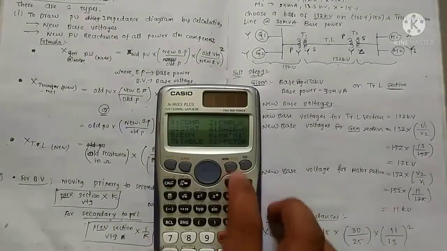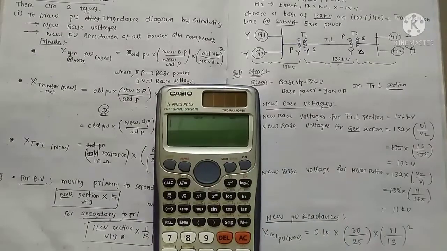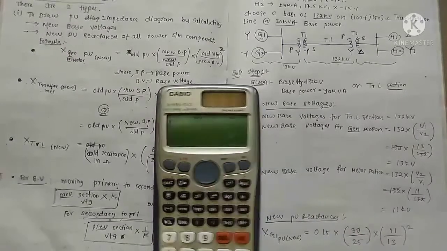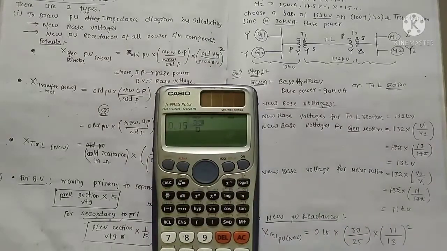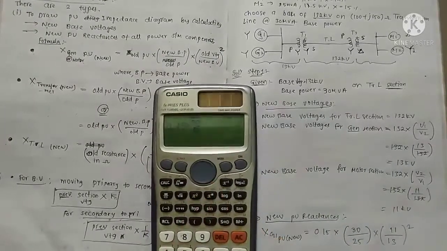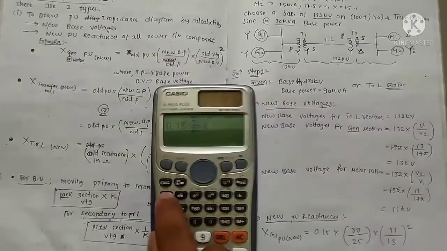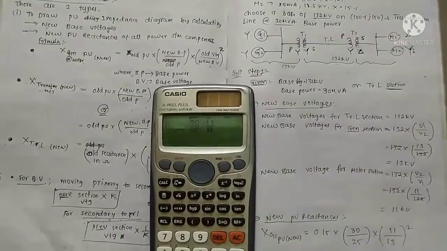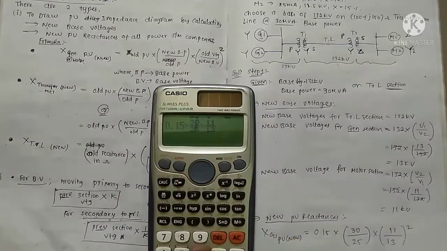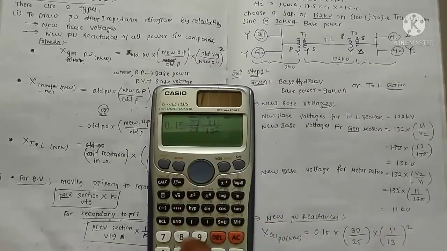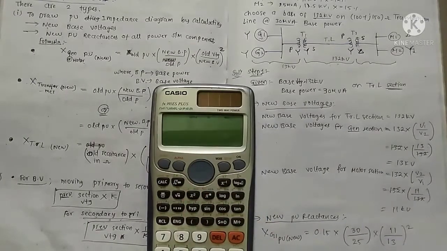Initially keep the calculator in complex mode: 0.15 multiplied by 30 divided by 25 multiplied by 11 divided by 13, whole squared.